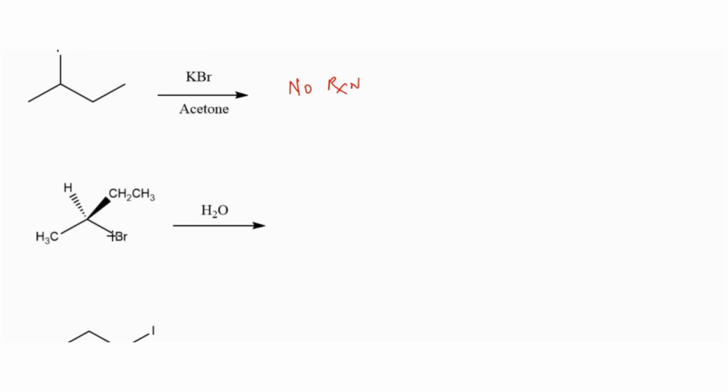What about this one? This is a secondary alkyl halide, but the nucleophile is weak, so it will undergo the SN1 mechanism. But this is chiral, so we will get a racemic mixture.